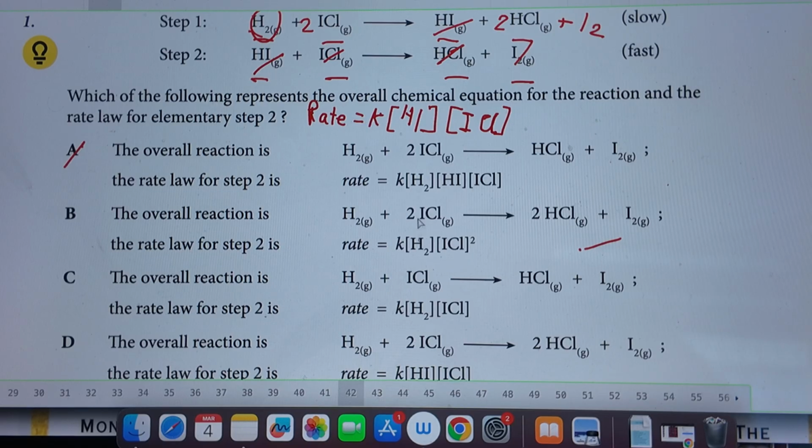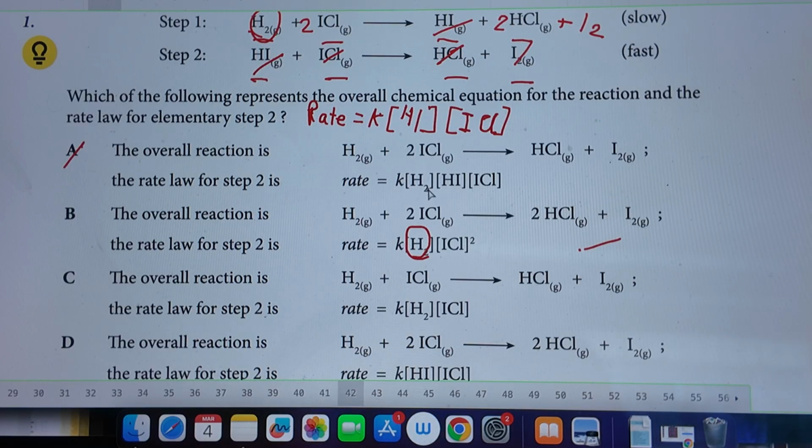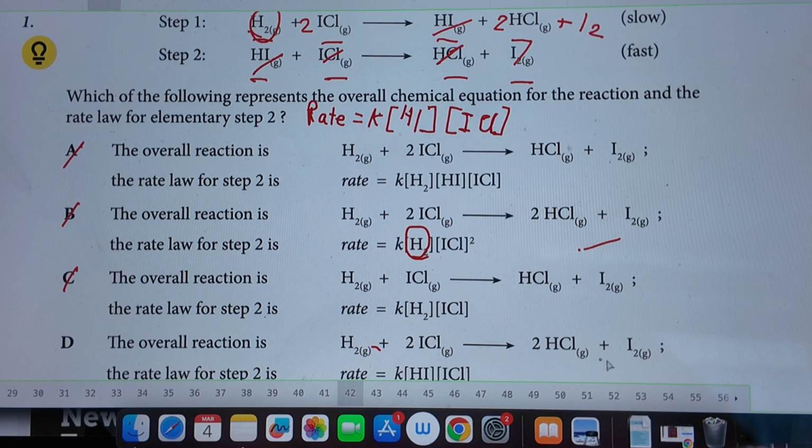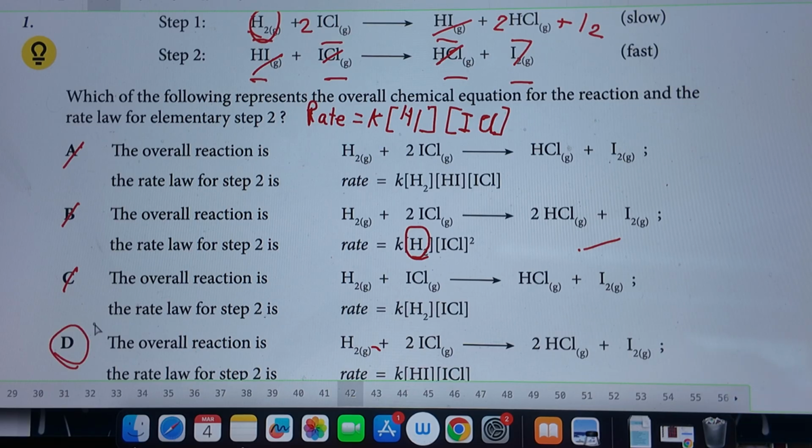It has this in here, so that can't be it. And then here, the overall reaction is H2 plus 2, no, but this one doesn't have the 2 here, so it can't be this one. So I'm assuming it's going to be D, because 2 ICl plus 2 HCl plus I2, and the rate law is K HI plus ICl, so it's D. Okay.